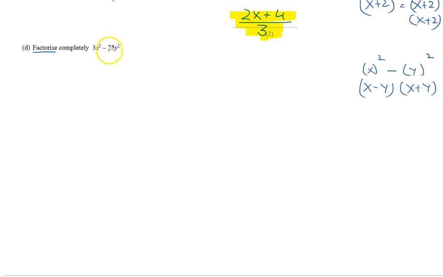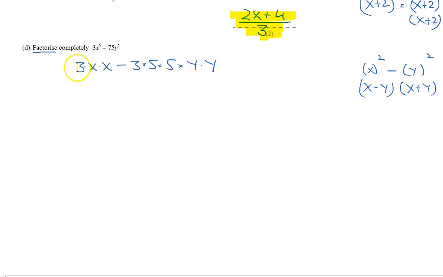Now this is 3x squared, this is 75y squared. So let's say this is 3 multiply x squared, and 75 can be 3 multiply 5 multiply 5, times y squared. These are the factors.